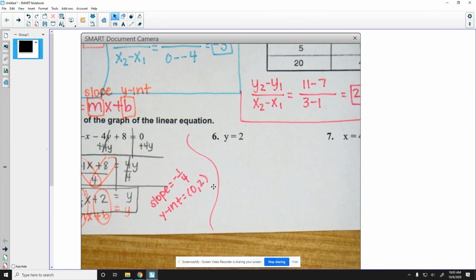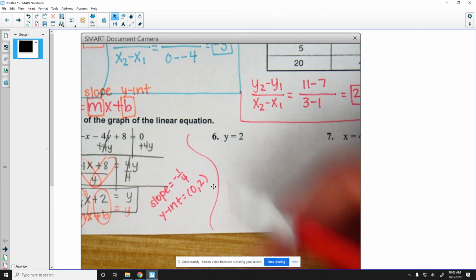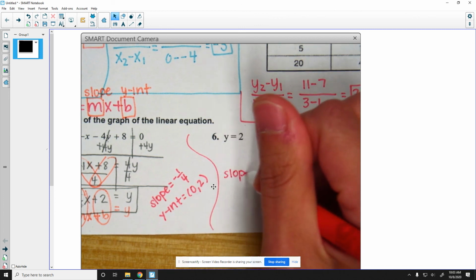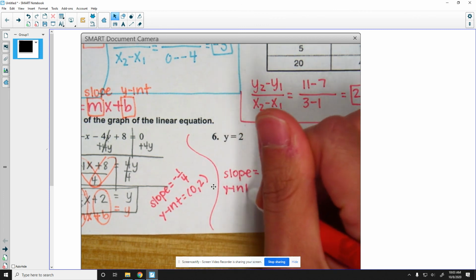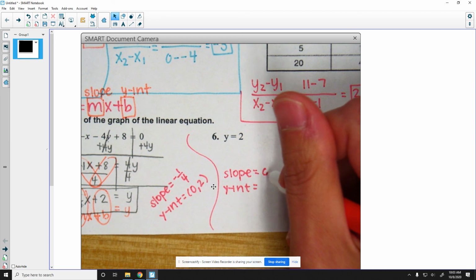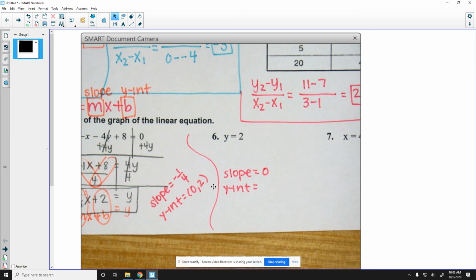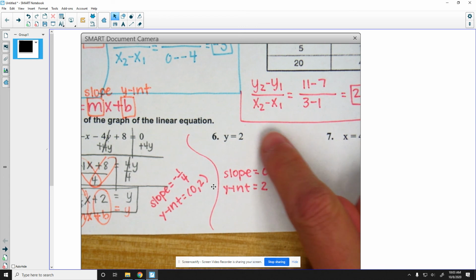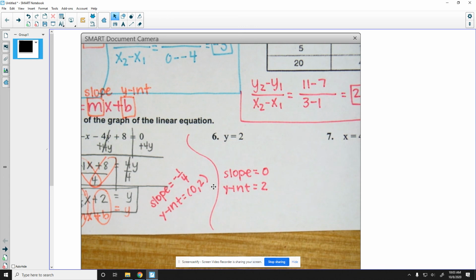Well, not as tricky as number 7, but okay. So does anyone think they know? Emily, go. The slope is 0. Yes, ma'am. And the y-intercept is 2. Okay. So this is how I would think of it. It's still in y equals form, but it's just y equals 2.